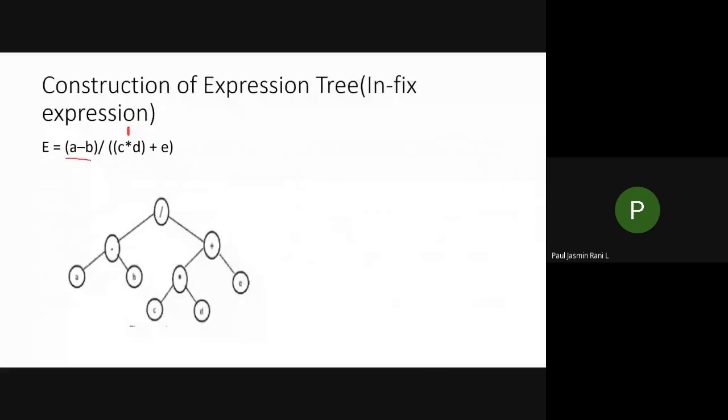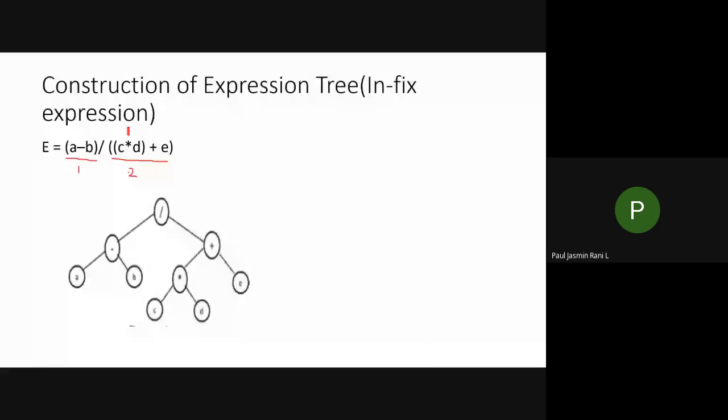So this one is there in one parenthesis, that is, brackets, and this part is there in another parenthesis. So you have to compare these two, and if you see the first expression and second expression, both have equal priority, isn't it?